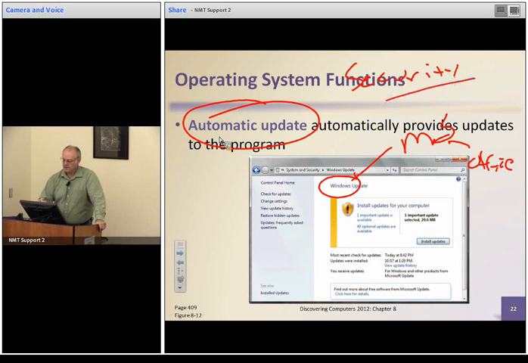You have a situation in the world, and we'll talk more about this later, but briefly, where we have these idiots who think it's kind of funny to write what we call malware, badware, not software, to attack systems.